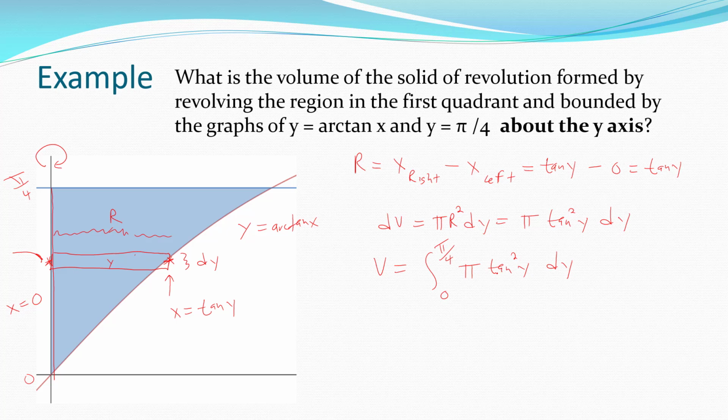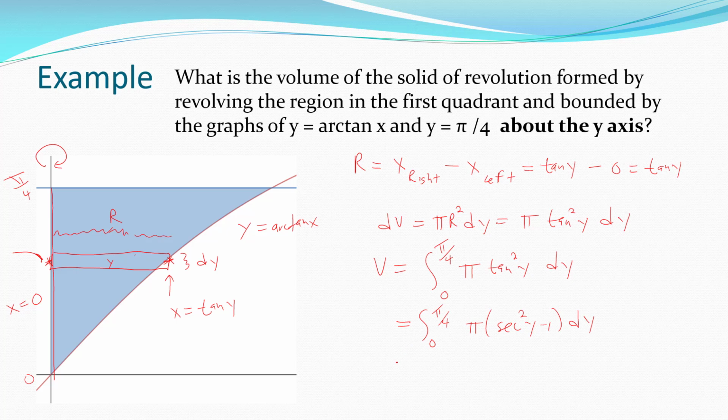So let's find the value of this definite integral. To do so, I need to know the antiderivative of the tangent squared, which we don't know. We don't have that memorized. But we do know that there is a way to rewrite the tangent squared of y by using one of the trigonometric identities. This is then equal to the integral from 0 to pi over 4 of pi times the secant squared of y minus 1 dy.